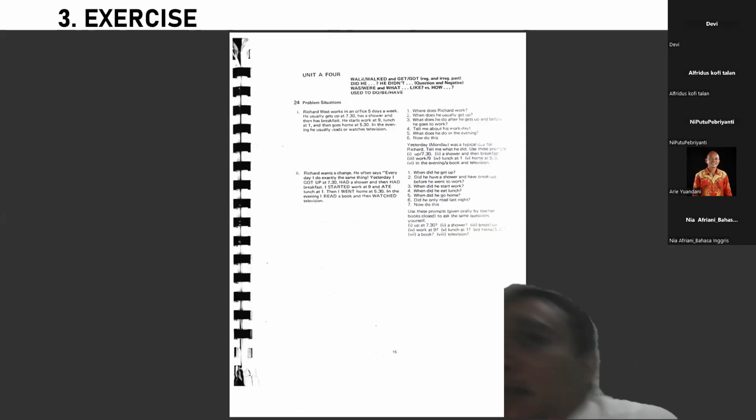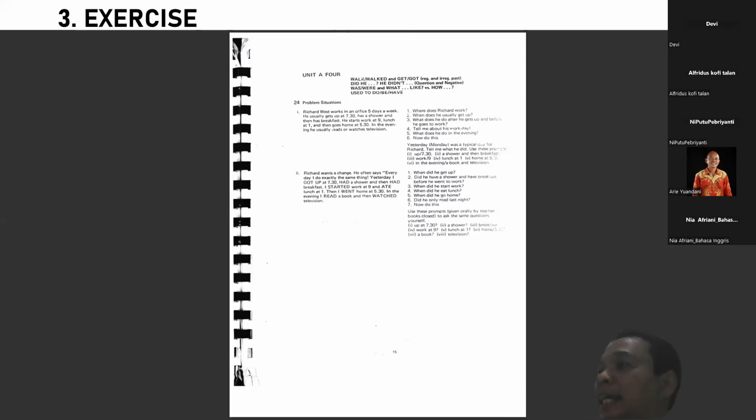Okay. That's the theory, or what we call the generic structure of simple present tense and simple past tense. So to check your understanding of those two concepts, I'd like to test you today by giving some problem situations, and also some questions and practice situations.